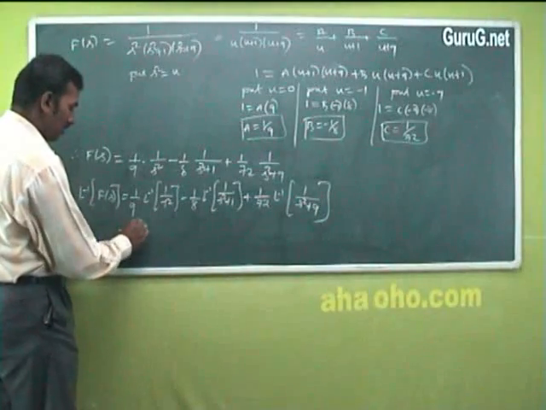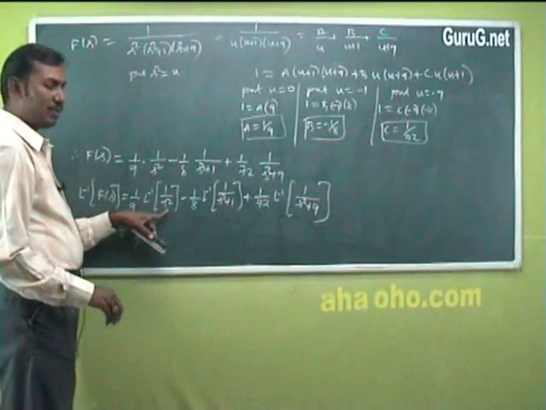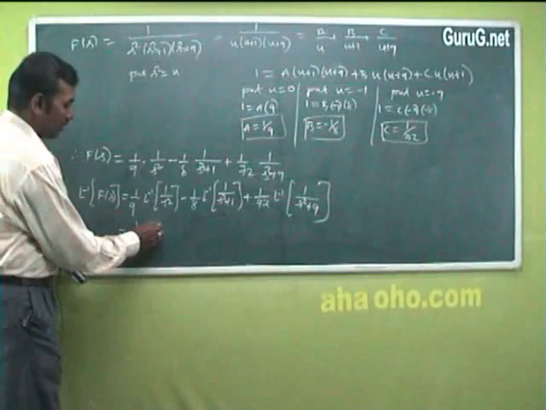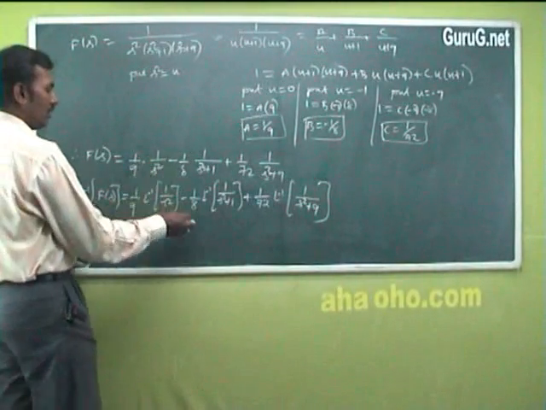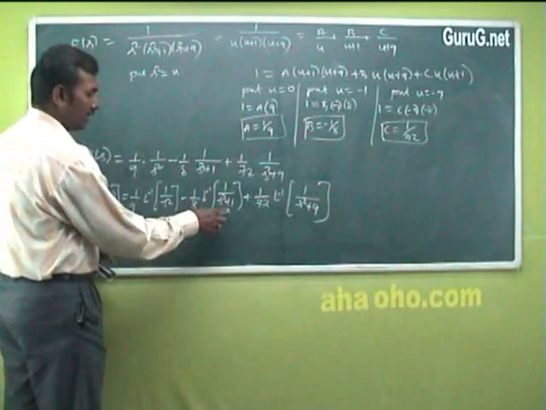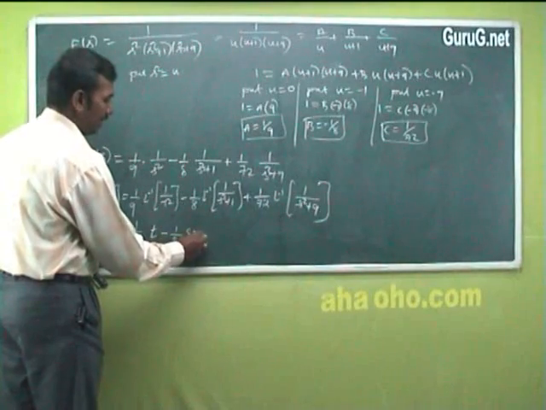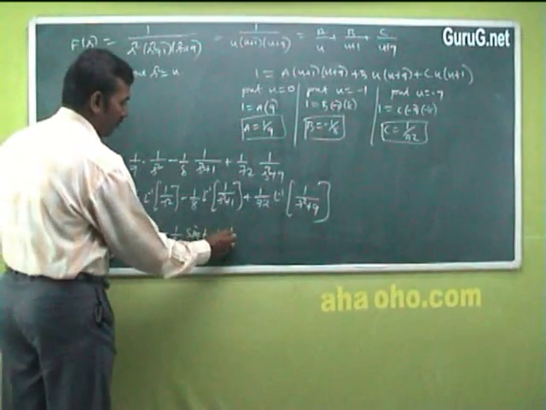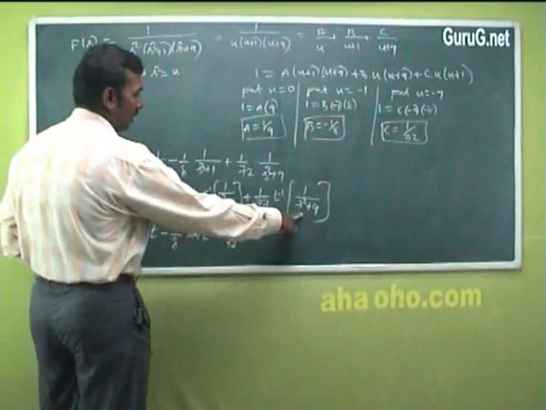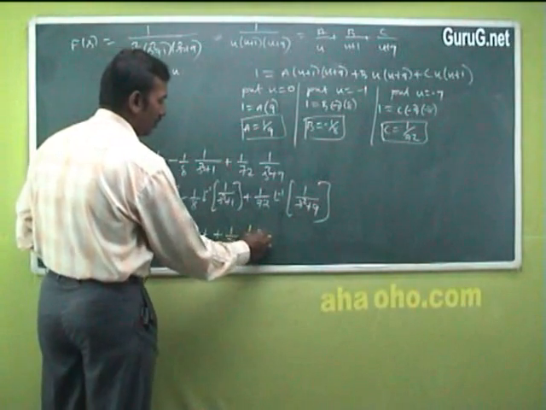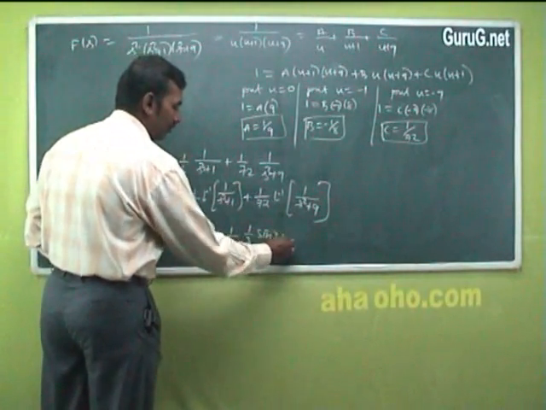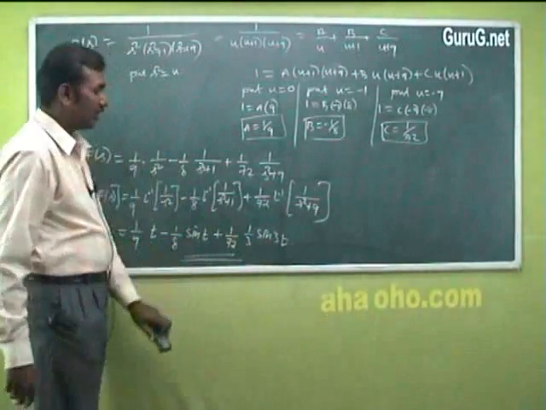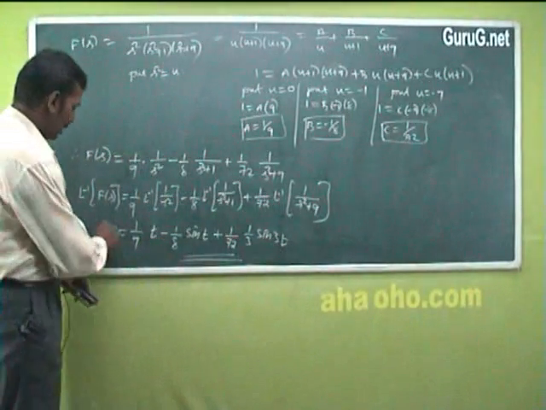So 1 by 9 into, what is the formula for this? So t. Yeah. Minus 1 by 8 into, this is sin t. Right? Plus 1 by 72 into, this is 1 by 3 into sin 3t. Clear? So which is the required answer. Right? So this is f of t.